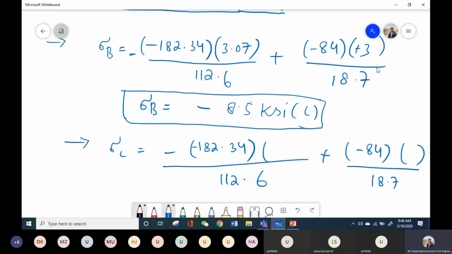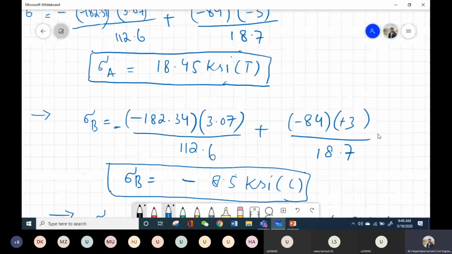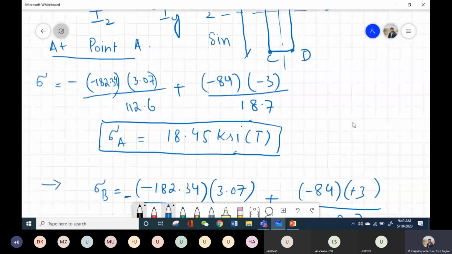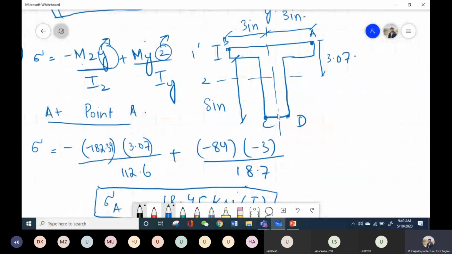So what is my Y distance for point C? For point C, what is this distance? Anyone? 5.93. 5.93. And what is the Z distance? 4.93. Actually, no.